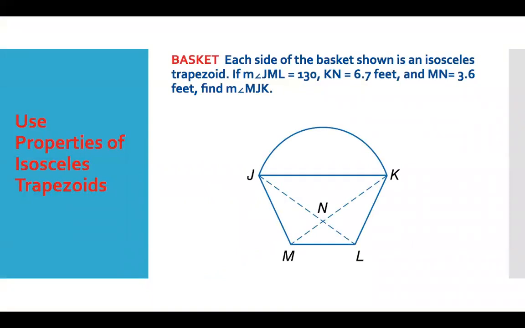Okay, first example. Here's a basket. Each side of the basket is shown as an isosceles trapezoid. So the measure of angle JML is 130, KN is 6.7, MN is 3.5. What's the measure of MJK? So let's look at it.